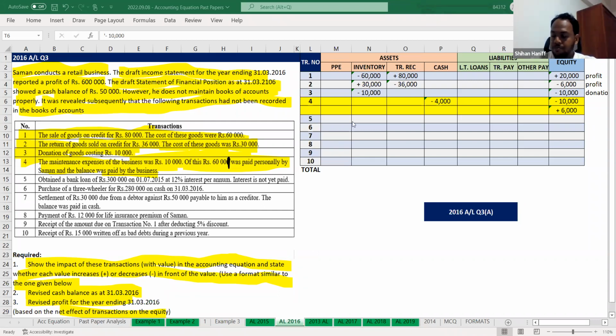Cash minus equity minus and equity plus. This is maintenance. This is capital. Additional capital.